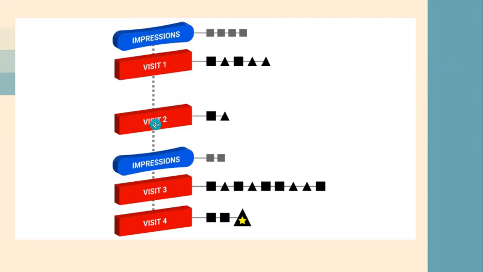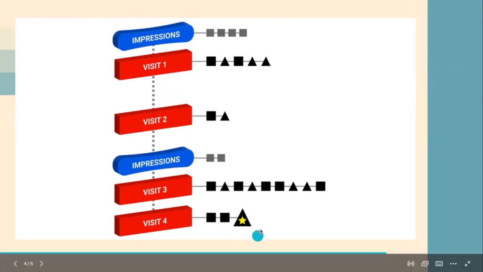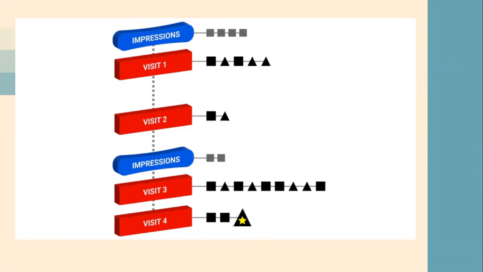Then there was visit two, then some more impressions, then again a visit, and then finally the fourth visit led to a conversion. So it is an entire process. It is not just a collection of micro and macro conversions, but a process, right?